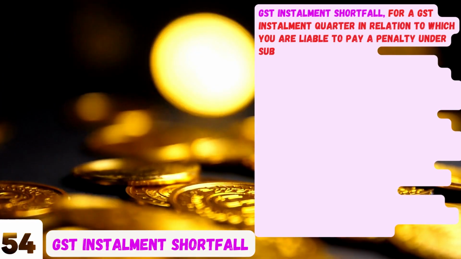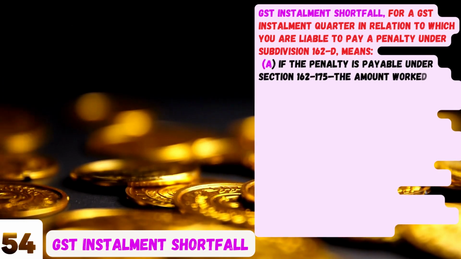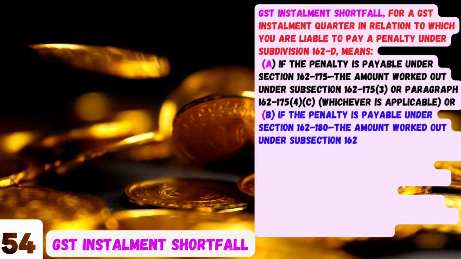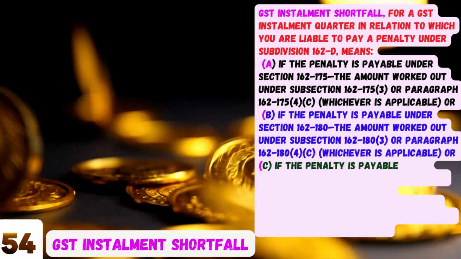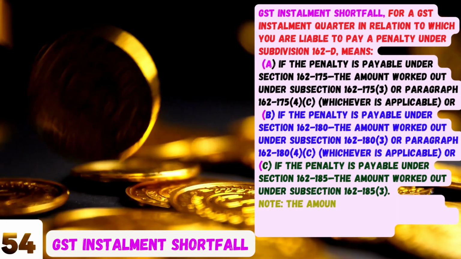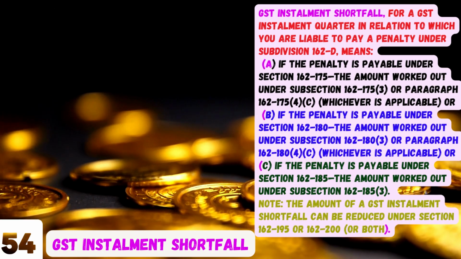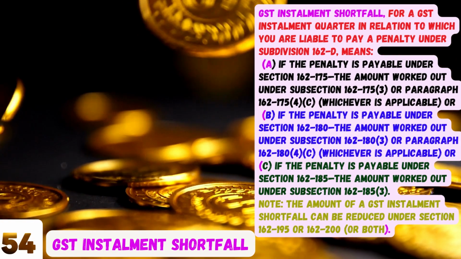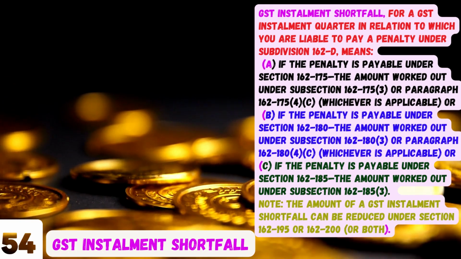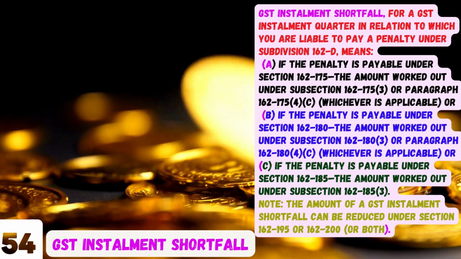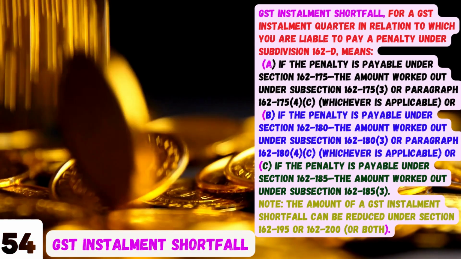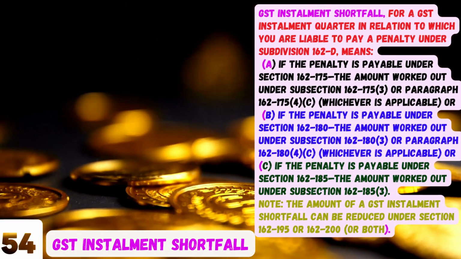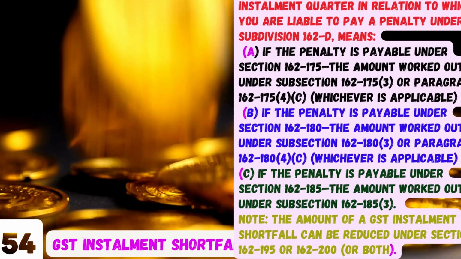GST installment shortfall. For a GST installment quarter in relation to which you are liable to pay a penalty under subdivision 162D means: A. If the penalty is payable under section 162-175, the amount worked out under subsection 162-175, or paragraph 162-175, 4c, whichever is applicable, or B. If the penalty is payable under section 162-180, the amount worked out under subsection 162-183, or paragraph 162-180, 4c, whichever is applicable, or C. If the penalty is payable under section 162-185, the amount worked out under subsection 162-185, 3.